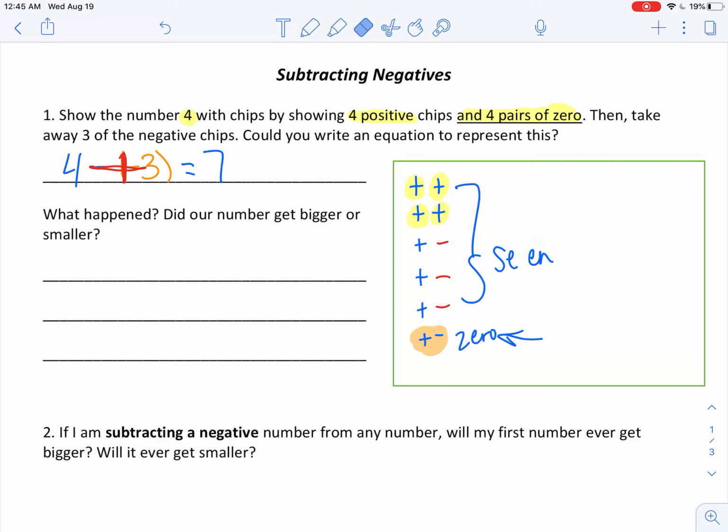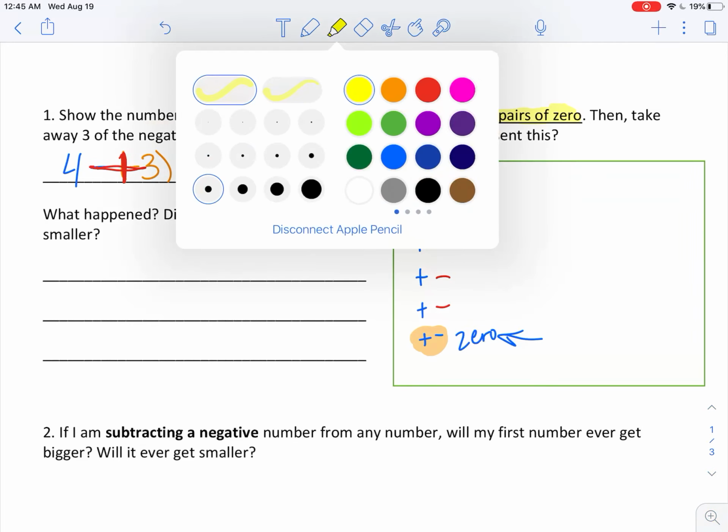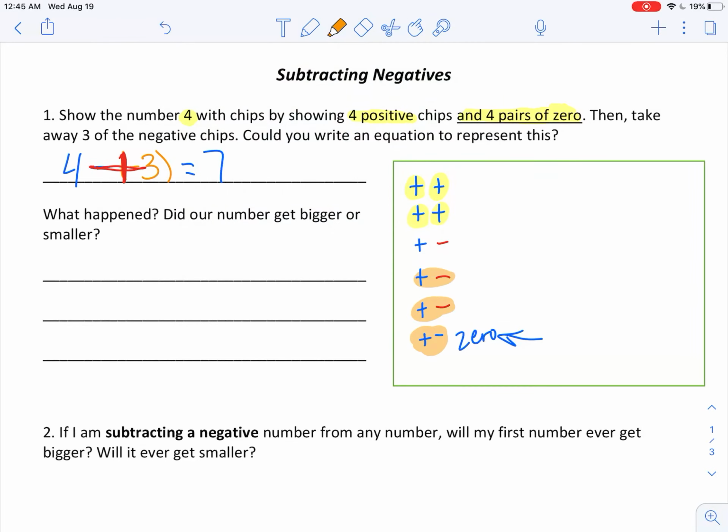So here, let's remind ourselves, we started with 4. So this is 0. All of these orange ones are 0. So we started with 4 positives. Just these 4. And then I said take away 3 negatives.